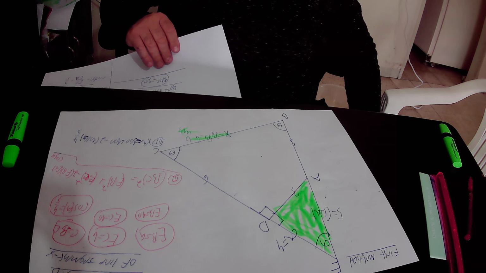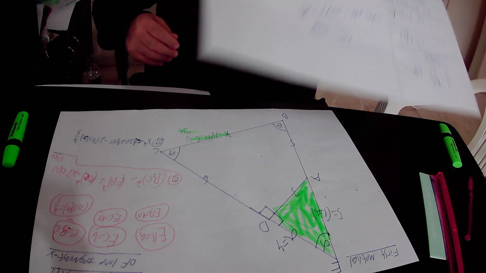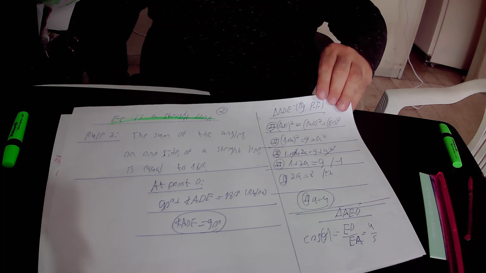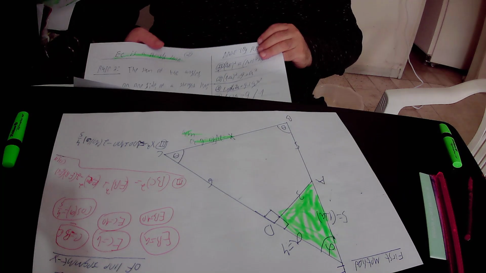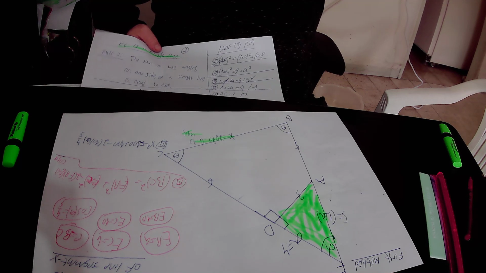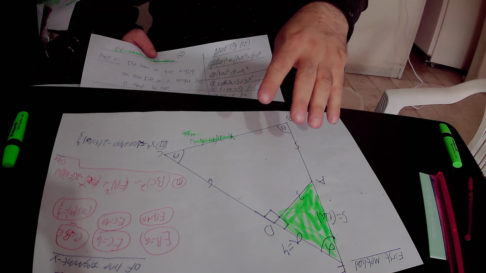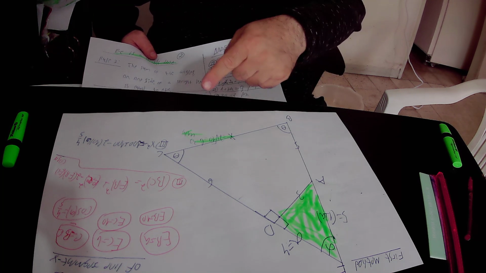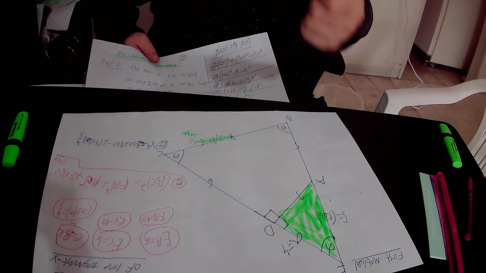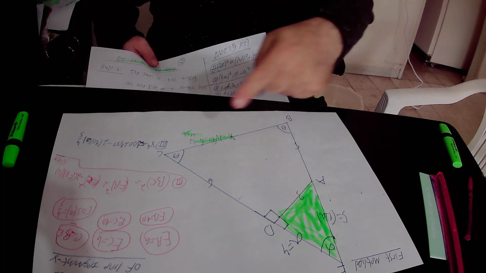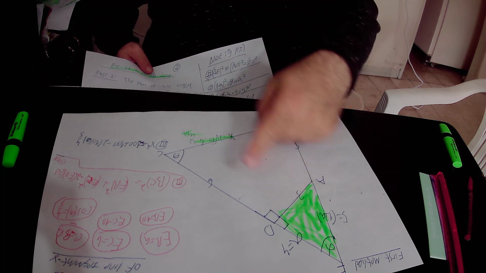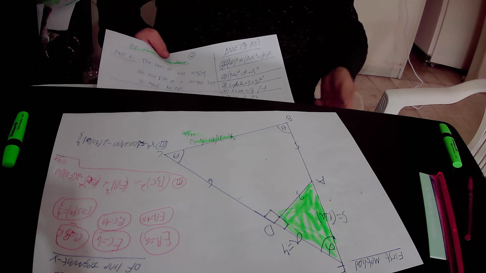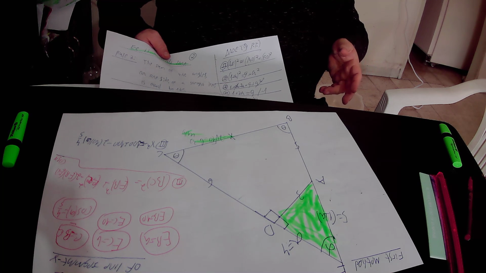Then I presented to you rule number 2. But before that, before we did the construction, we had quadrilateral ABCD. In quadrilateral ABCD, line segment CD is one side of the quadrilateral. Therefore, as a side of a quadrilateral, it must be a straight line.